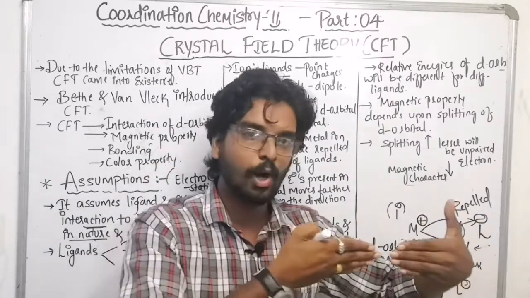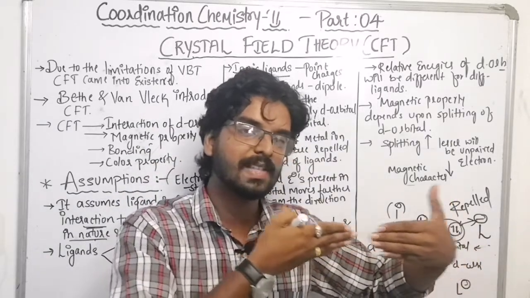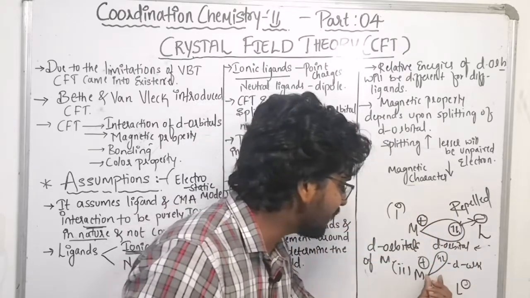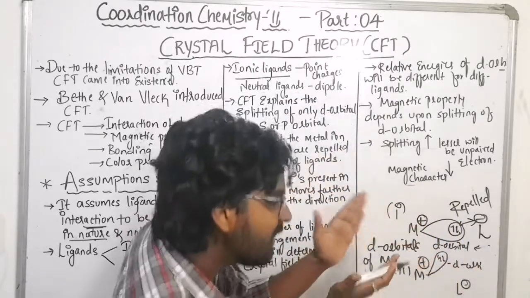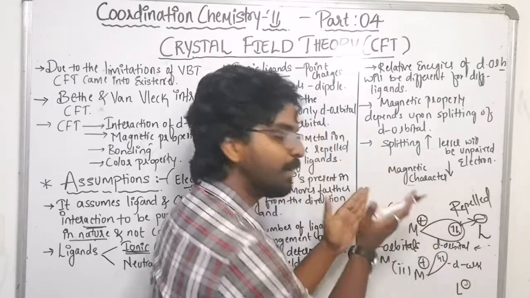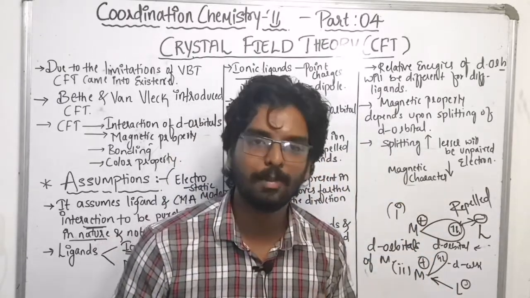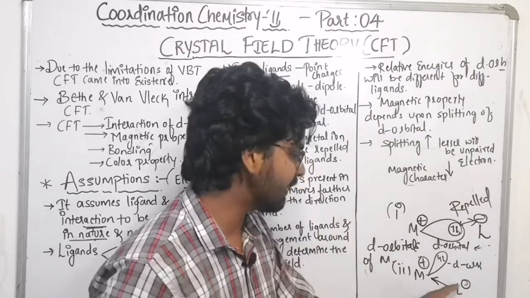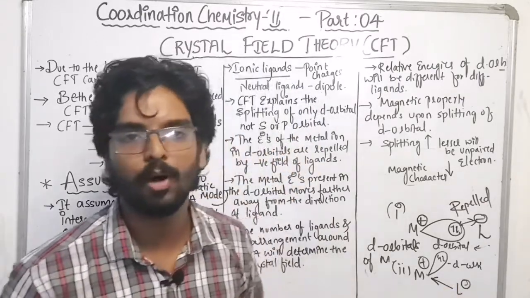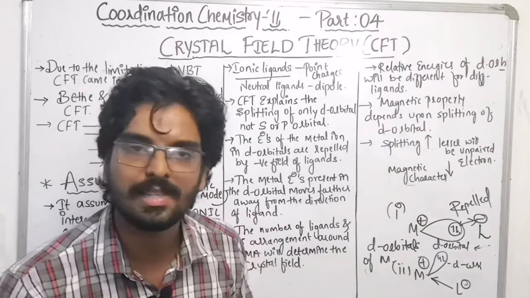Why? Because both the orbital and the ligand are along the same direction. But here the d orbital has adjusted itself. It is moving far away from the direction of the ligand. That means there is a chance of formation of the bond here, because the repulsion is very less.